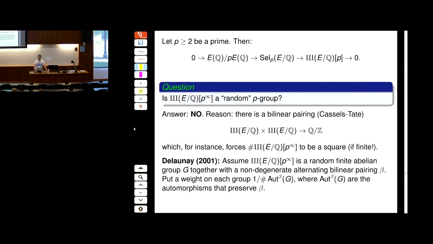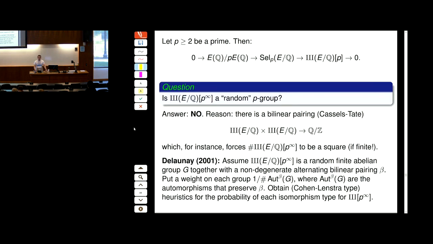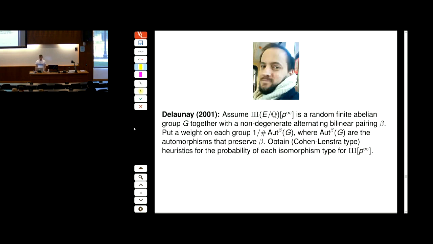So automorphism groups that preserve that bilinear pairing, that's the weight I'm going to put on. And it turns out to look very nice with the data we have. So he obtained Cohen-Lenstra type heuristics for the probability of each isomorphism type of Sha. There's a picture of him.